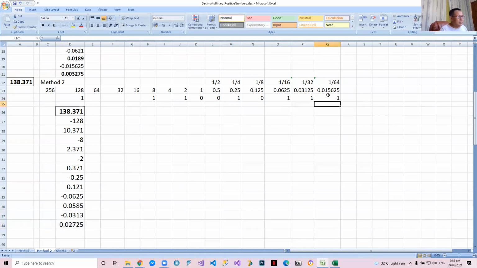Yes, we can subtract this. So we have negative 0.015625. Okay, so we stop at this point because this is very small. Okay, so what's our final answer?